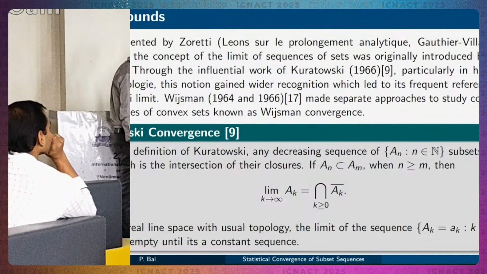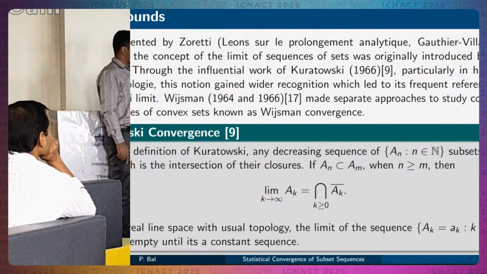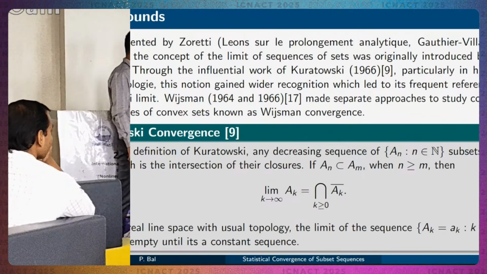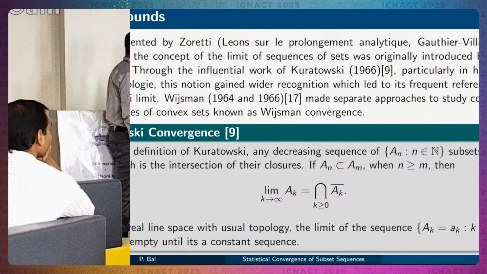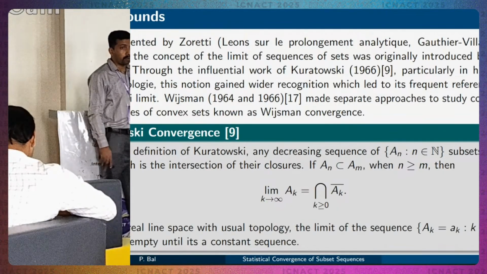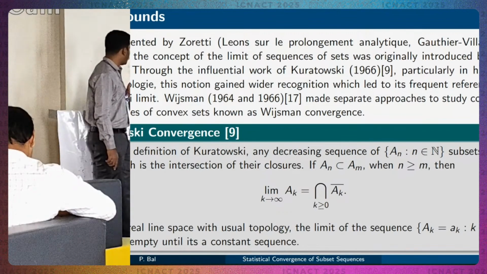So let me explain the background a little bit. As documented by Zervati, the concept was first explained by Bechdel in 1902, but through the influential works of Kuratowski it gained wider recognition, now known as Kuratowski convergence.